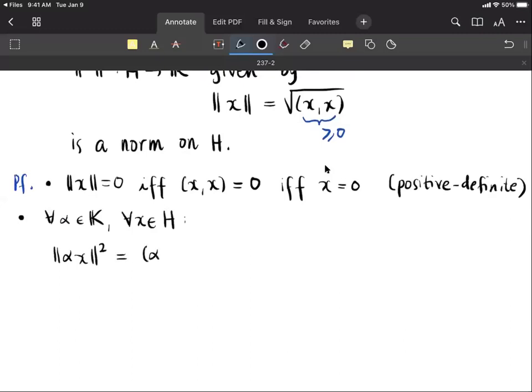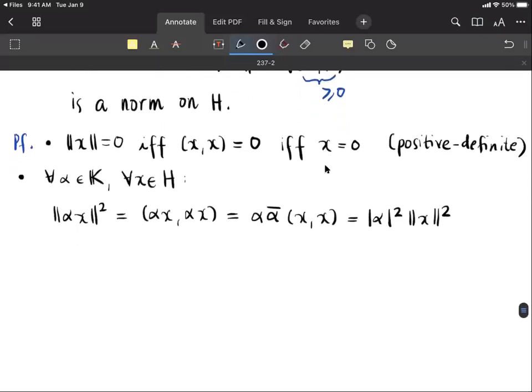By definition, this is the inner product of alpha x with itself, and applying linearity, I can pull out the first alpha and pull out the second alpha, but with the conjugate. Again, a number multiplied by its conjugate is the magnitude squared, and by definition, the inner product of x with itself is just the norm squared. And if you take a square root, you will have the homogeneity.